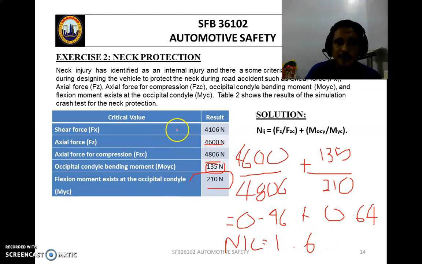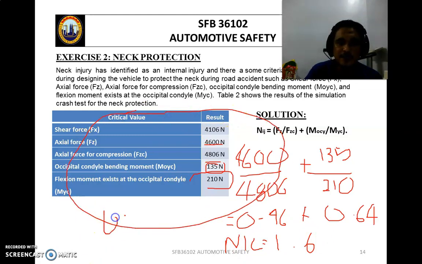For this situation, it is considered unsafe, because the NIJ value is more than 1. The target for neck protection, for spinal injury, is that the NIJ must be below 1. Understand?